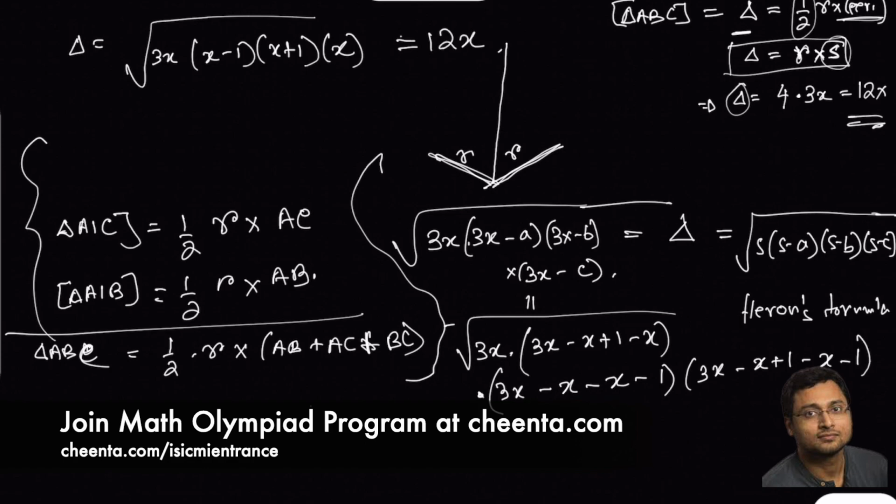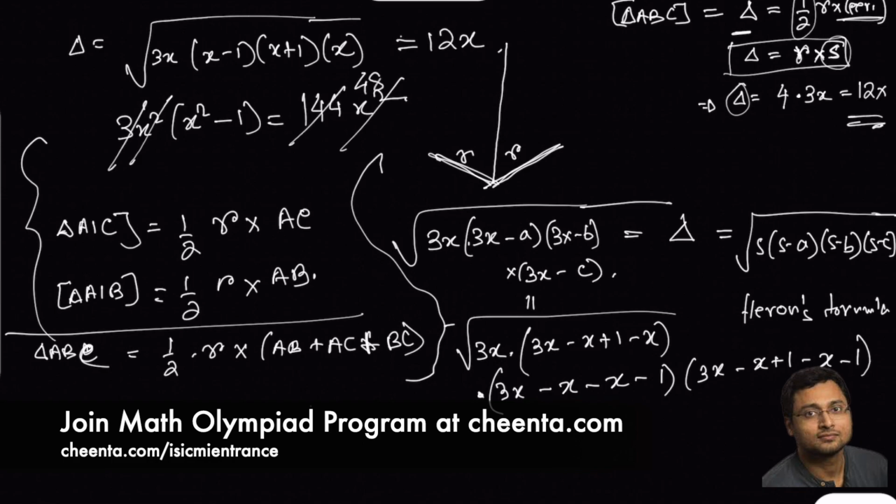Okay, now we are almost done because we can just square both sides. So we have 3x squared times x squared minus 1 equals 144x squared. Cancel the x squared. We have 48 if I cancel by 3. So x squared minus 1 is equal to 48, which gives you the value of x as 7.